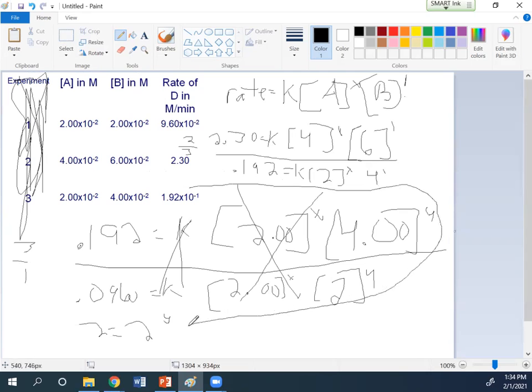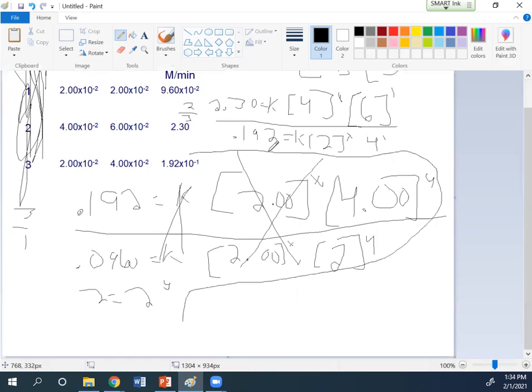So now I'm coming down here to the bottom, okay? 2.3 divided by 0.192 is equal to 12. It's 11.97, basically equal to 12, equals, my k's canceled, didn't they? My 2 to the x power, and then 6 divided by 4 is 1.5.